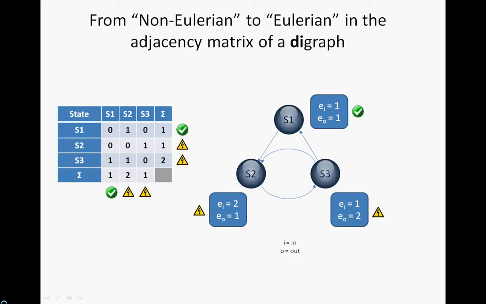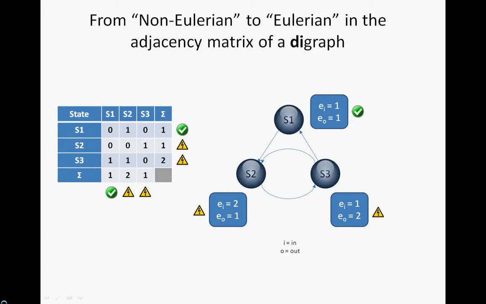Row S2, column S3. S3 is connected to two states, S1 and S2. That's why the number 1 appears twice in the third row of the matrix, and therefore the total is 2 in this case.